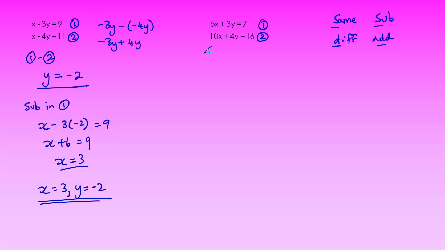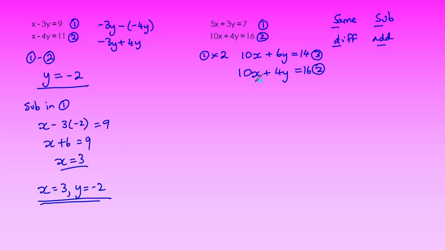If I just do equation 1 and multiply it by 2, I then get 10x plus 6y is equal to 14. I'm going to call that equation 3. And we've got 10x add 4y is equal to 16. And that is equation 2, which is completely unchanged. Now, I want to get rid of the x's.